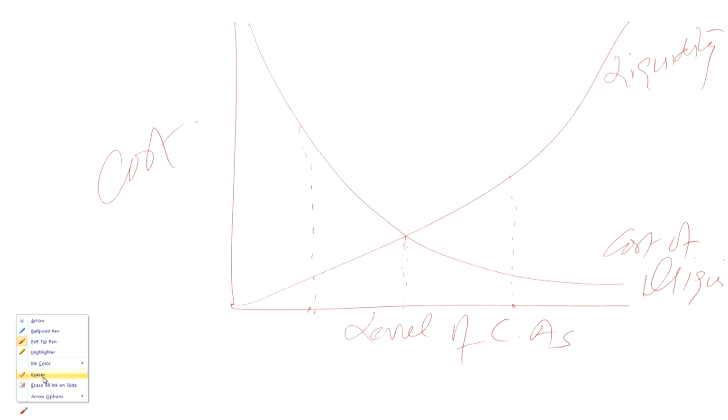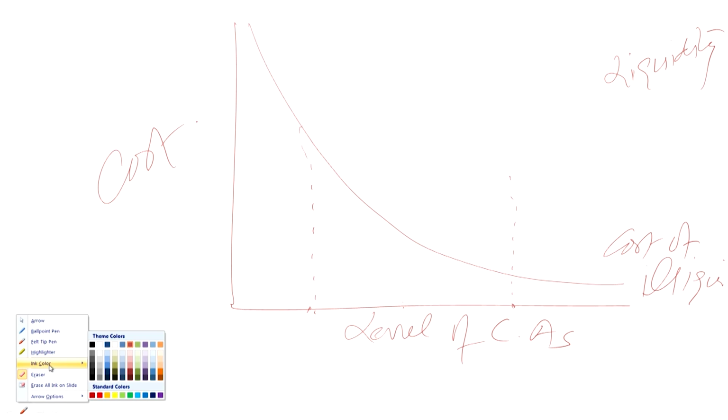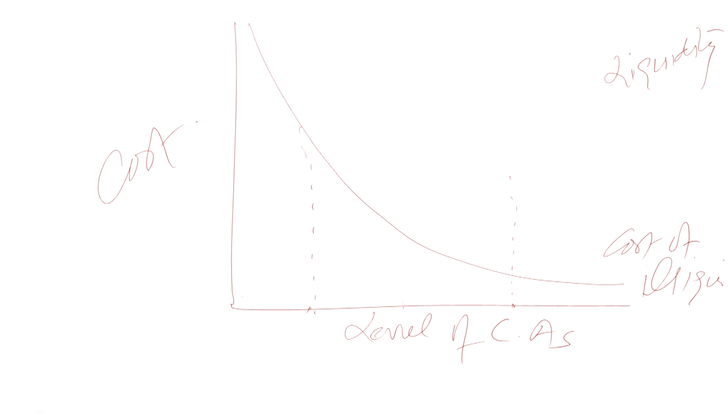These costs are the cost of liquidity and the cost of illiquidity, and they are intersecting with each other here. So when they intersect here, this is the optimum level of current assets. Here the total cost is minimum.